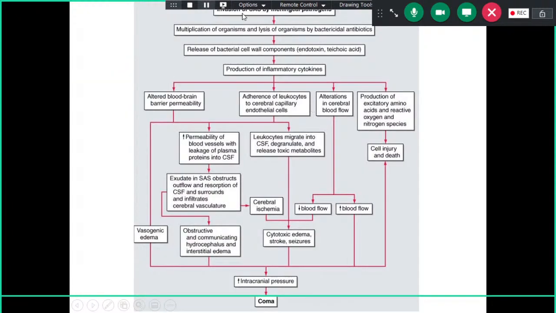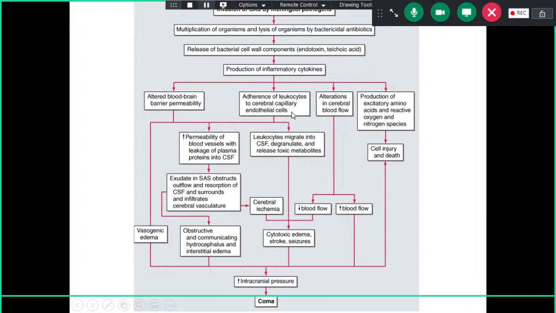So once the organism colonizes the throat or is inhaled, the organism multiplies inside the brain, then subsequently some of them may die and produce a large amount of endotoxin, etc. This endotoxin produces inflammatory cytokines, and these inflammatory cytokines alter blood-brain barrier permeability.